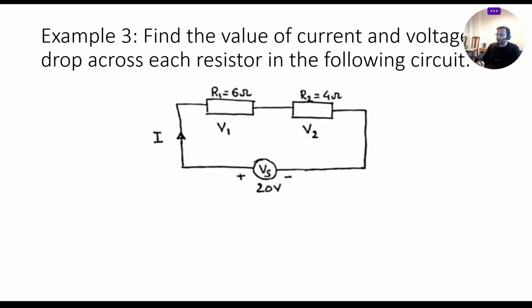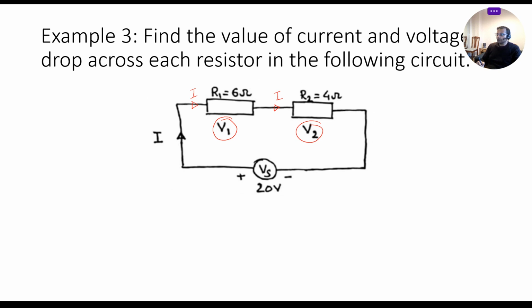Now let's take an example here. In this example, you have to find the value of current and voltage drop across each resistor. Even though the current flowing through the resistors will be the same, the voltage across the resistors connected in series will be different. So we have to calculate both the current as well as the voltages.